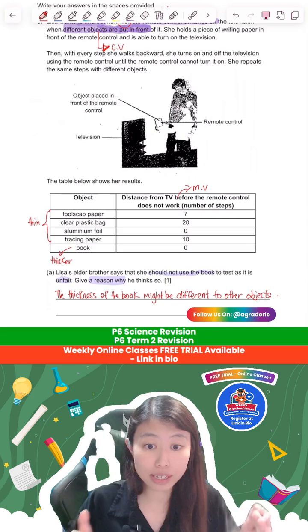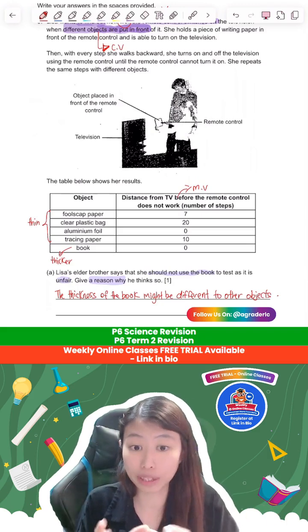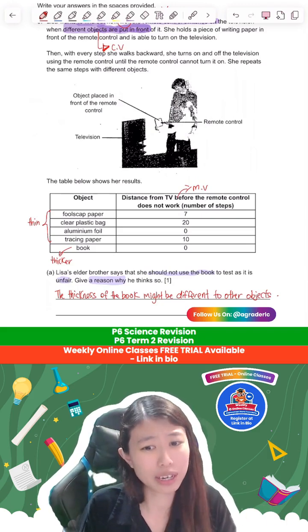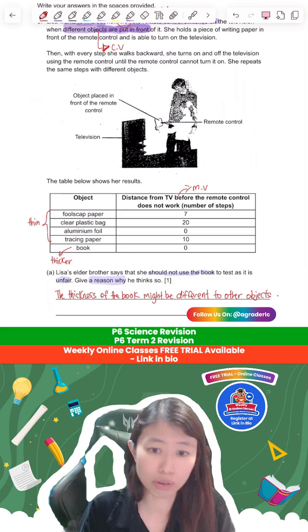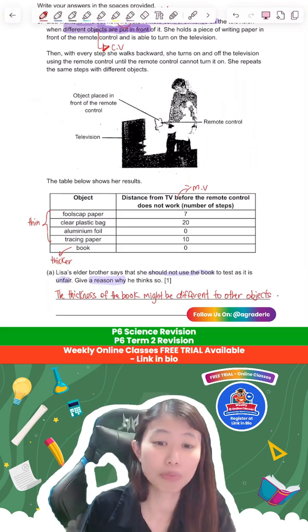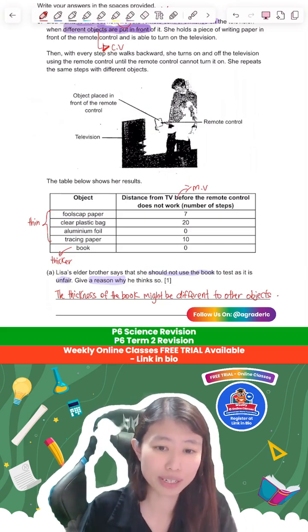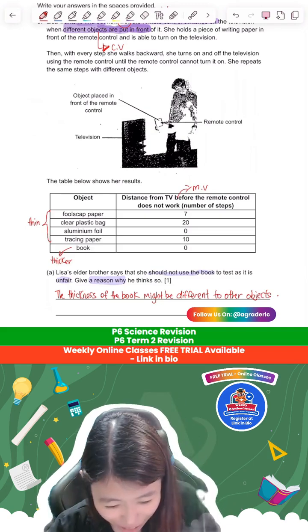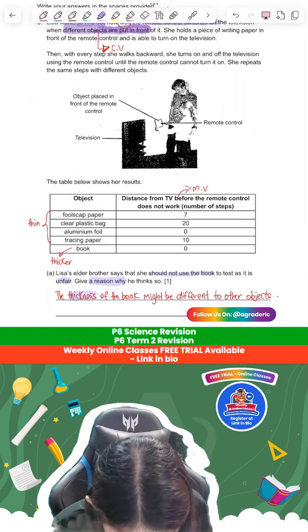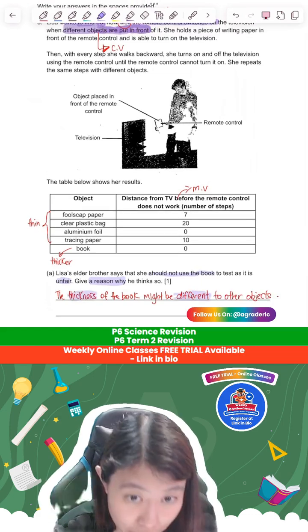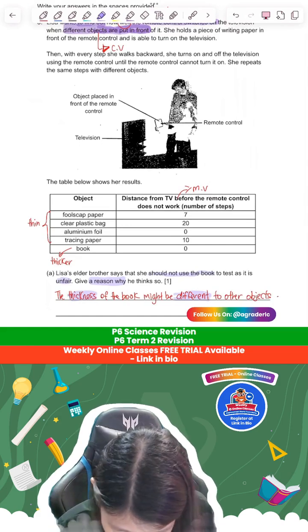But when you go to P6, the difficulty level of that particular topic is still about materials, but it will be a more advanced question on materials, which will definitely not appear in P3 but will appear from P5 onwards. So these are similar types of questions. So the thickness of a book might be different as compared to other objects.